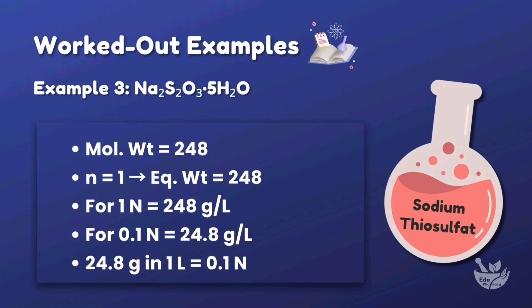For one normal solution, we need 248 grams per liter. For 0.1 normal solution, we multiply by 0.1, which gives 24.8 grams per liter. So, to prepare 0.1 normal sodium thiosulfate, dissolve 24.8 grams of the salt in 1 liter of solution.